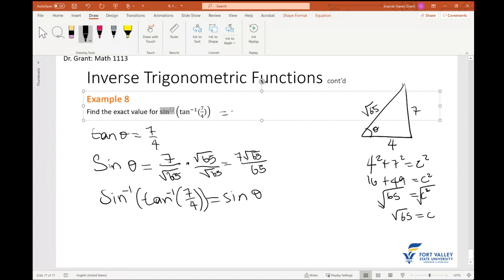This should just be sine. It's not sine inverse that we're taking, it's sine. So this is your theta on the inside. Yes, we're letting this be theta. And so sine of theta, we just found that. That's 7√65/65.